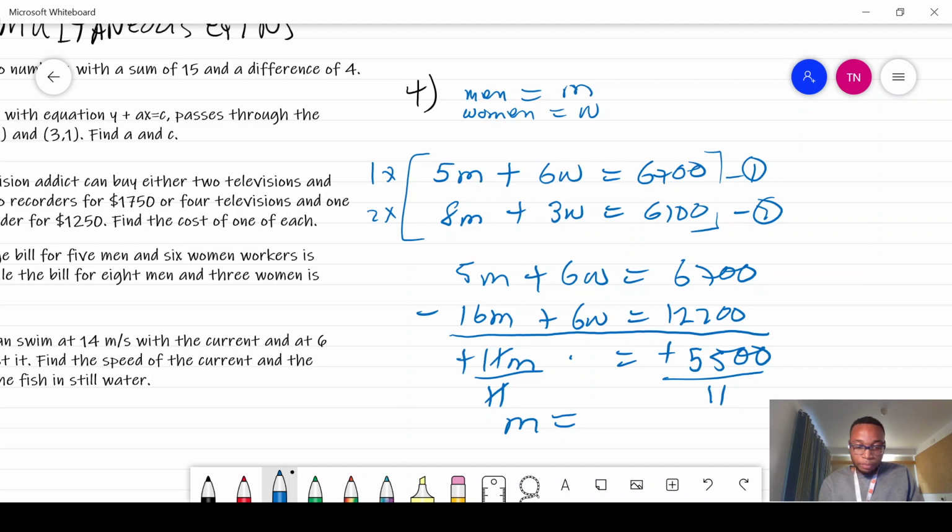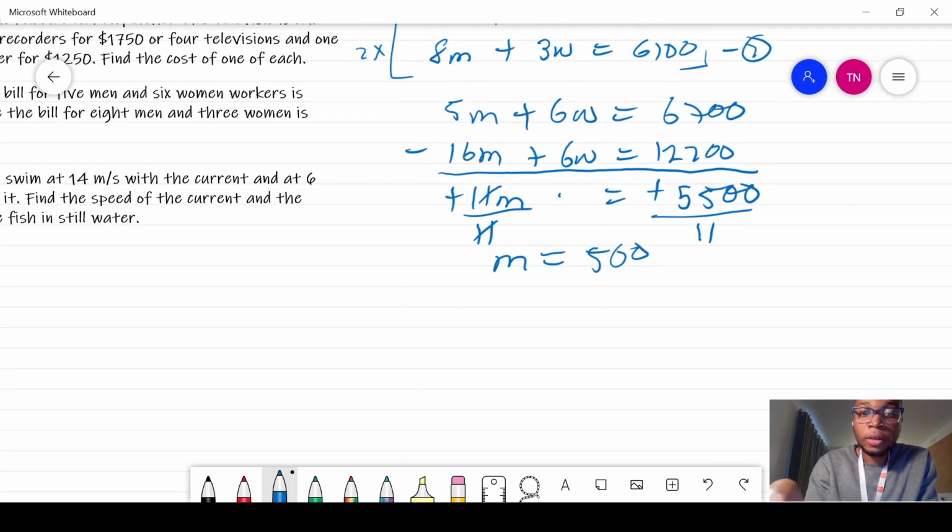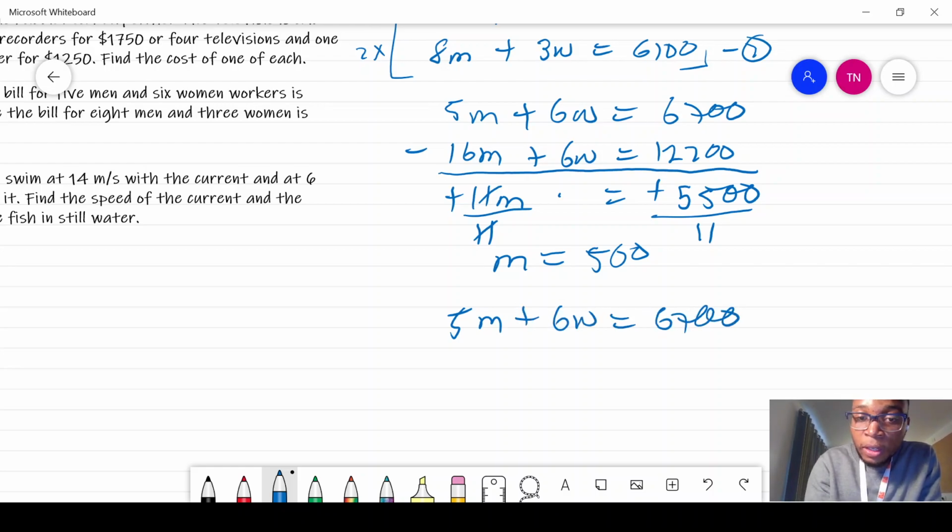So M is 500. Then W becomes, so we take the first equation. We are going to solve it from the first equation. So we have 5M plus 6W is equal to 6,700.